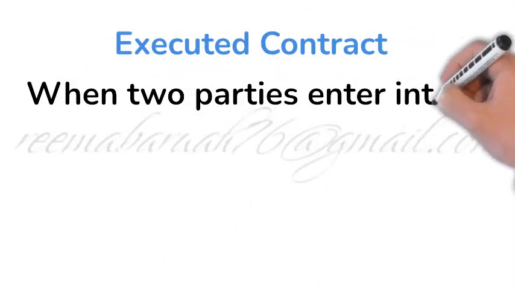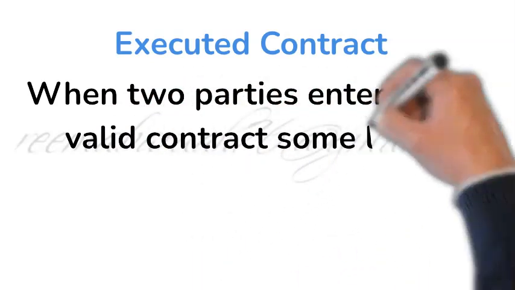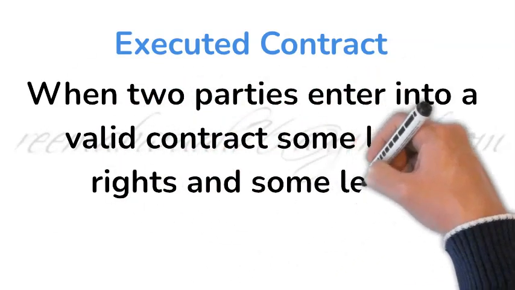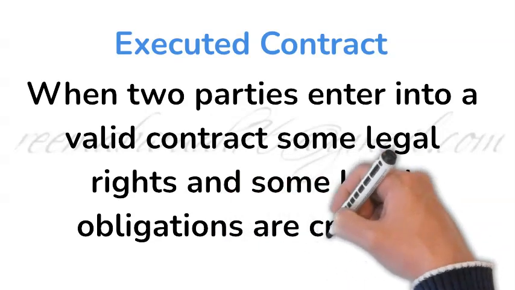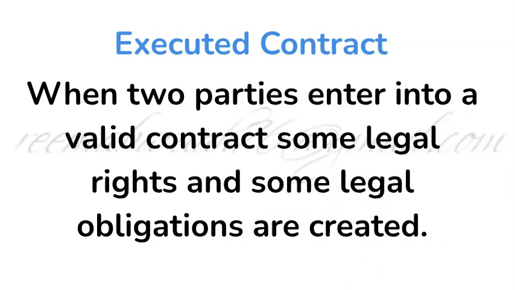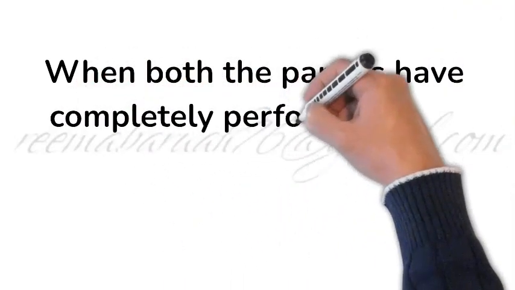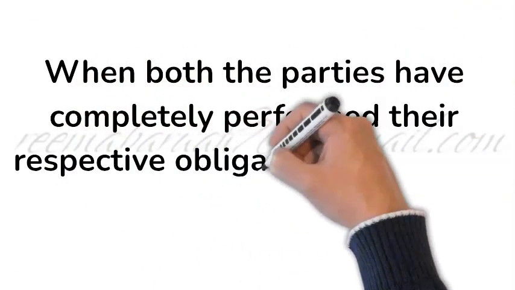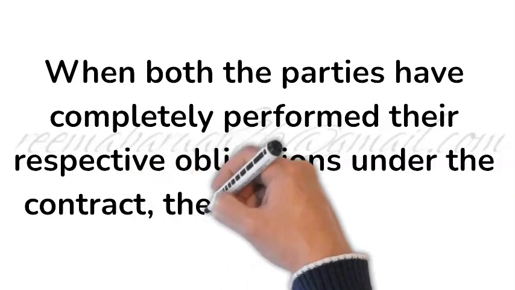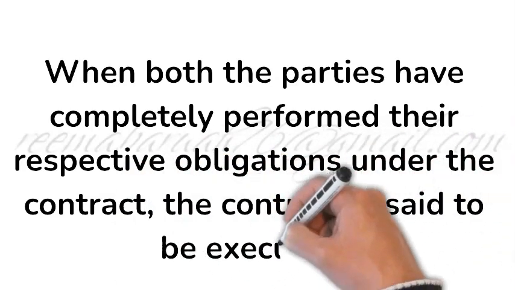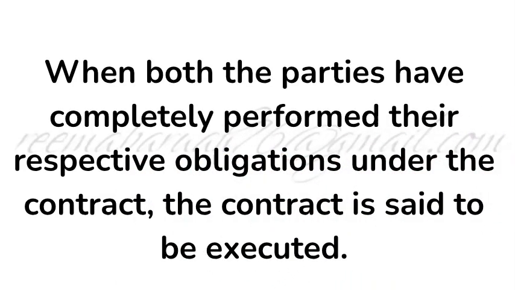We know that when two parties enter into a valid contract, some legal rights and some legal obligations are created. When both the parties have completely performed their respective obligations, the contract is said to be executed.